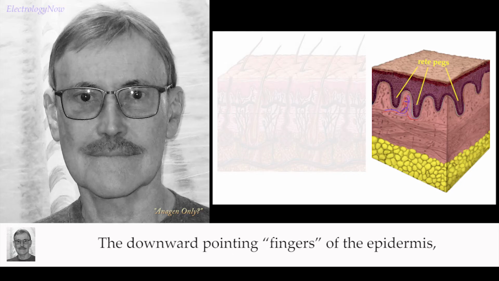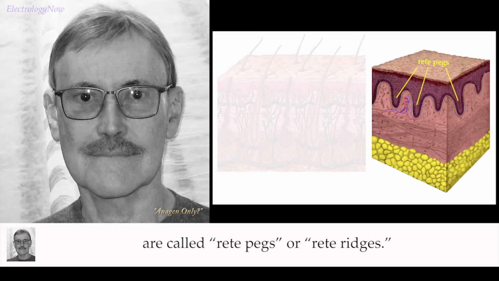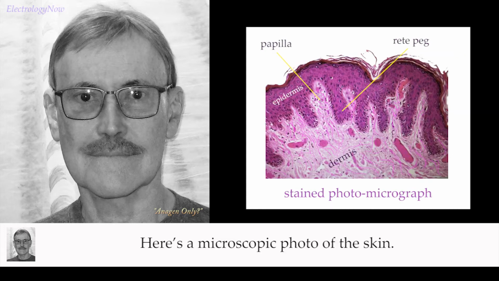The downward-pointing fingers of the epidermis that extend into the connective tissue sheath of the dermis are called rete pegs or rete ridges. These ridges create a greater surface area so the papilla and blood vessels can better supply nutrients to the bloodless epidermis. Here's a microscopic photo of the skin.